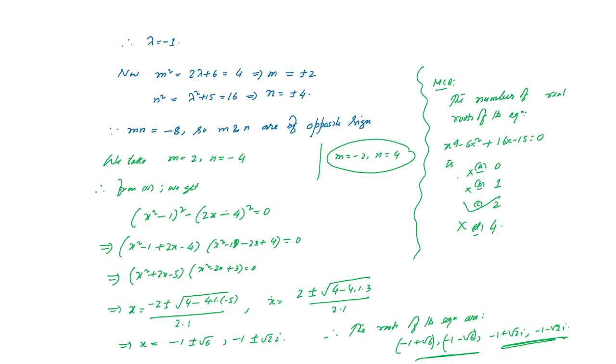Okay, now we'll continue with type 2. So what is type 2? Where x cube is present. So type 2 is basically where the coefficient of x cube is non-zero.